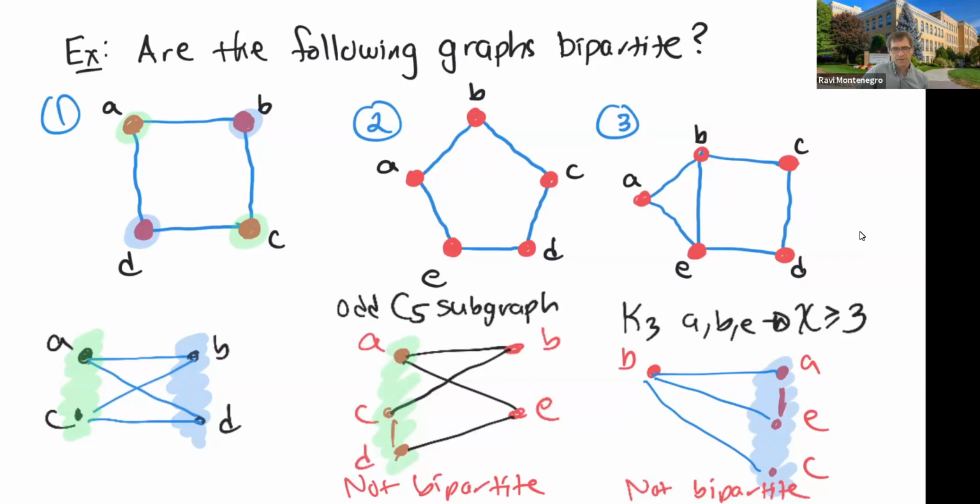And if you have an odd length cycle, you need at least 3 colors. If that odd length was 11, it would still be 3. Whereas on the right side, if we had K4, we would have 4 colors. So these are 2 different ways to show that something is not bipartite. What you can't do is say, I tried and failed. It's not bipartite. So always justify your answers.